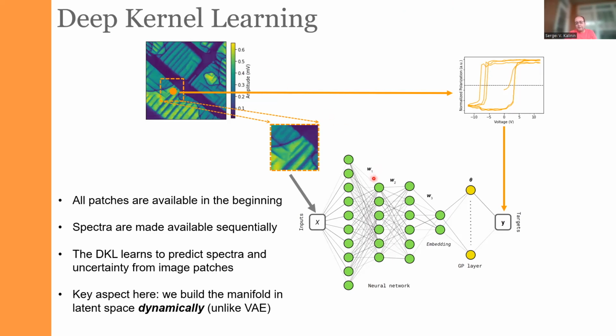So the big picture here is that deep kernel learning is basically the combination of two neural network architectures that we already talked about. One is the variational autoencoder. That's why we actually talked about variational autoencoders. And the second is the Gaussian process. The way they work is that you start with some input object, which can be very high dimensional.